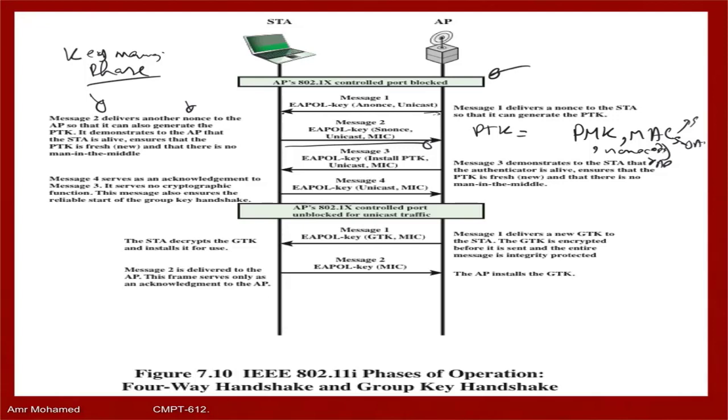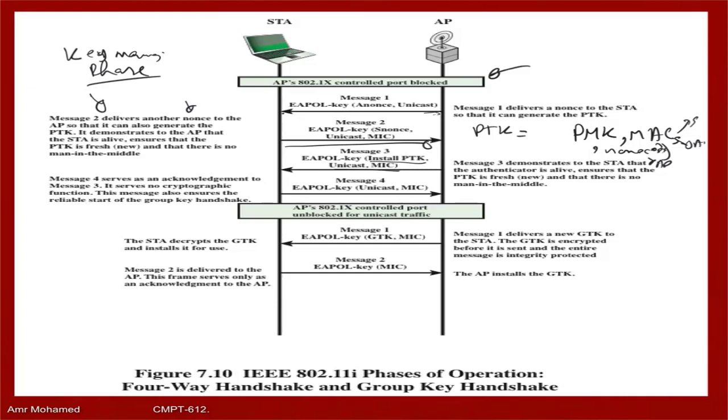Here this message confirms the authentication by using what we call a key confirmation key. The key confirmation key is used to perform the authentication part here for the station, which confirms that the pairwise transient key has been generated correctly.